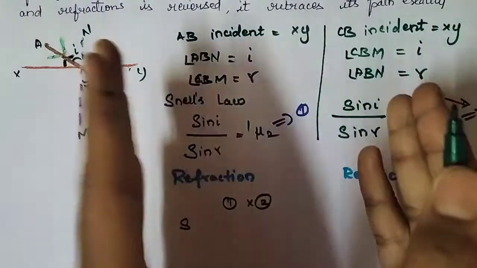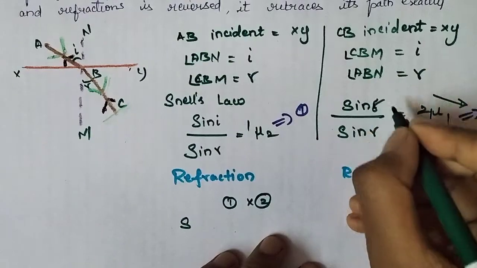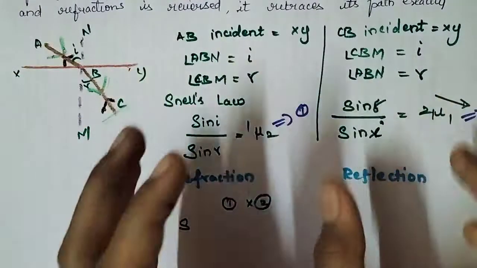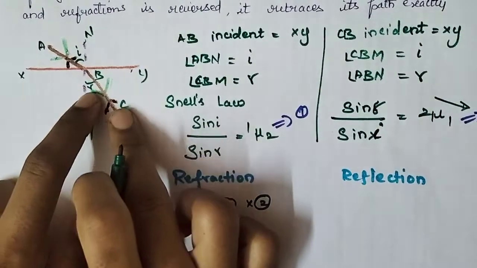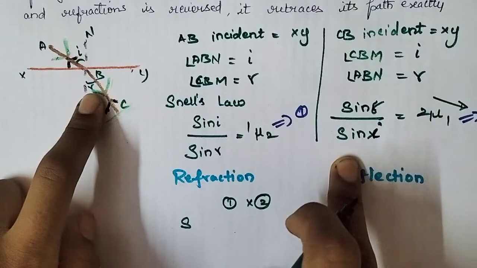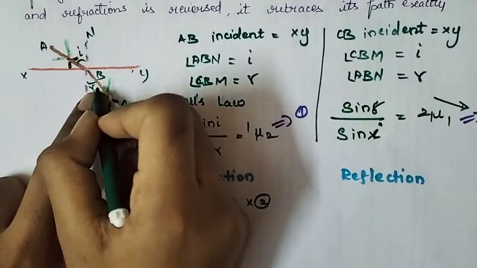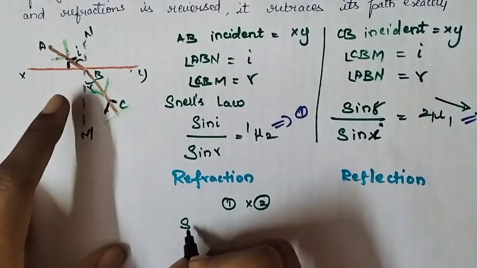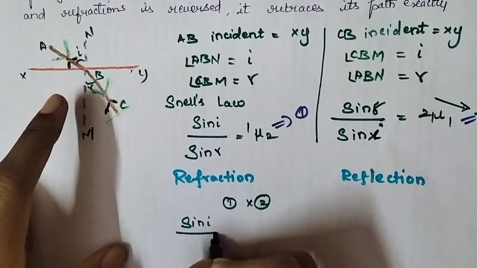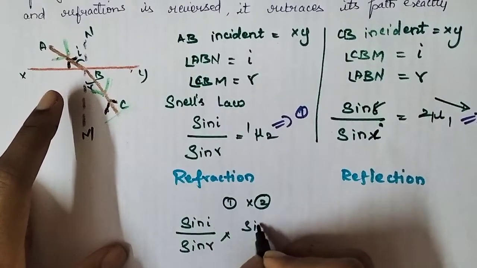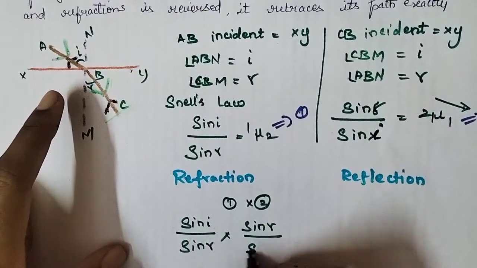This, the other alternate, so it should be R, it should be I. Sin R, it's going to be the incident ray, so sin R by sin I. So sin I by sin R into sin R by sin I.